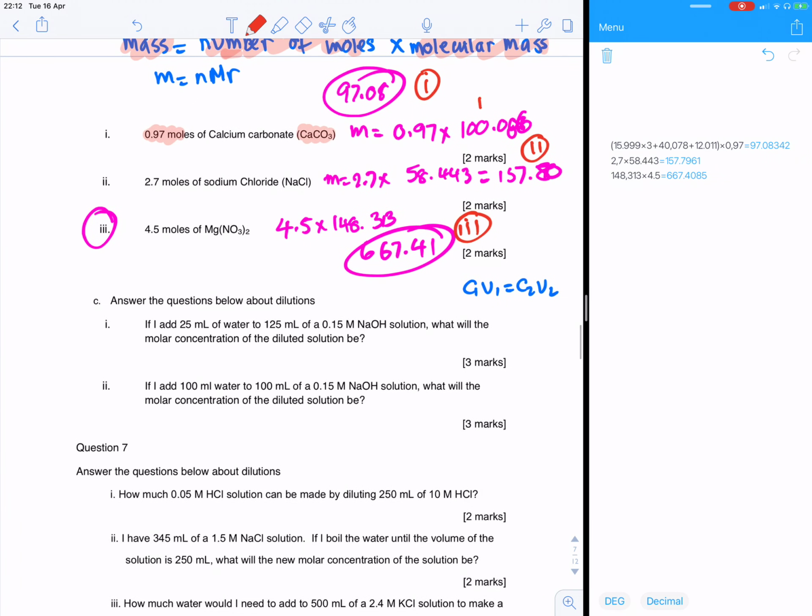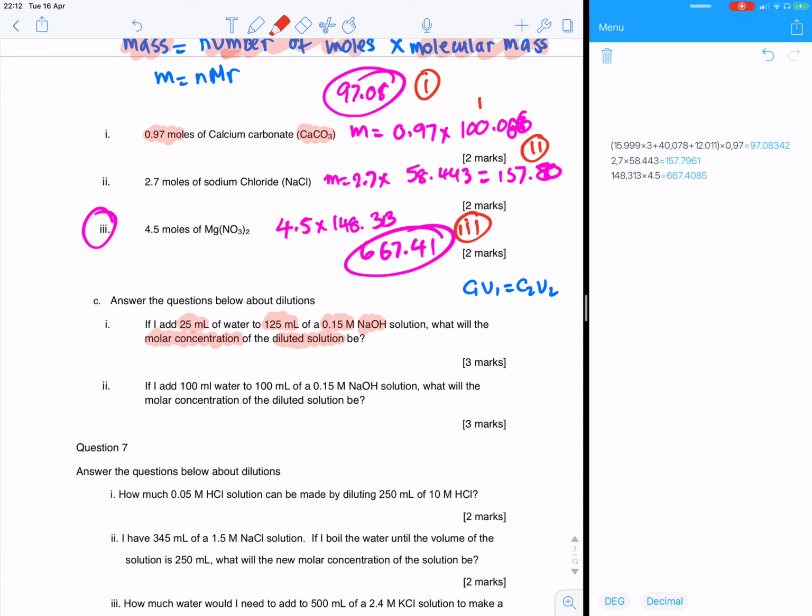Okay, so let's look at part C. And part C says if I add 25 milliliters of water to 125 milliliters of a 0.15 molar sodium hydroxide solution, what will the molar concentration of the solution be?